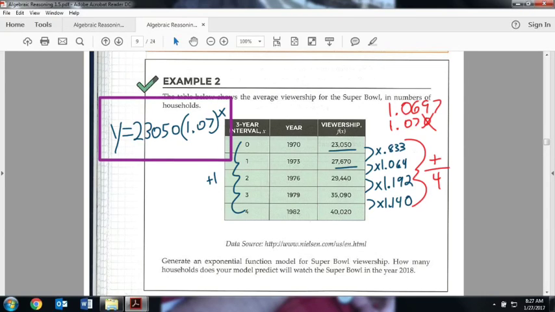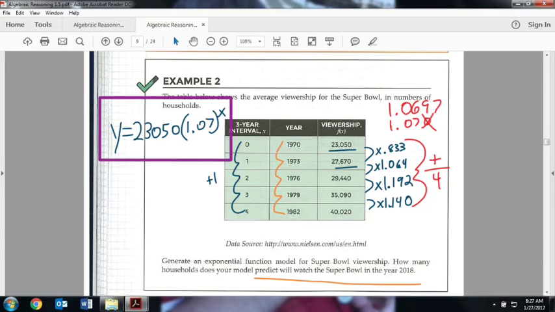Then it says predict how many will watch the Super Bowl in 2018. Well, for 2018, we need to find the x value. So if you notice here, we're going up by 3s. So 2018 minus 1982 is 36 years.